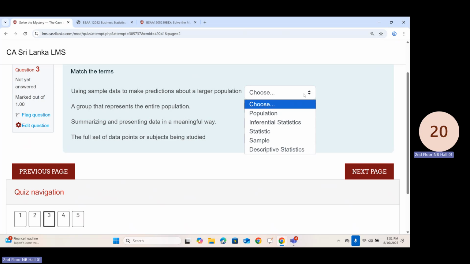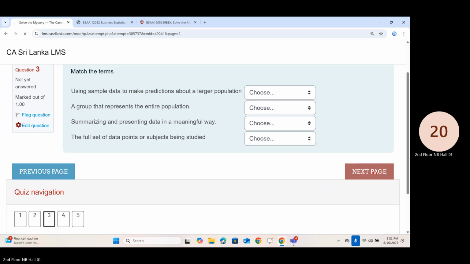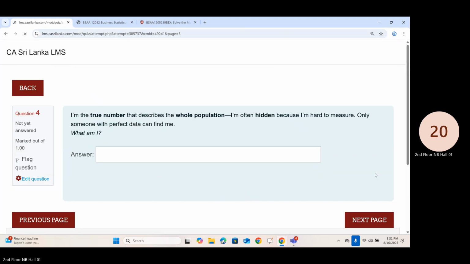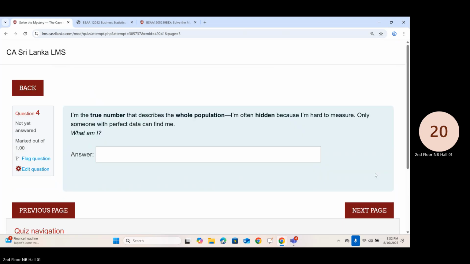Then summarizing and presenting the data in a meaningful way: descriptive statistics. The objective of descriptive statistics is to summarize or present the data using charts or graphs. Then the last one, the full set of data points or subjects being studied: population.